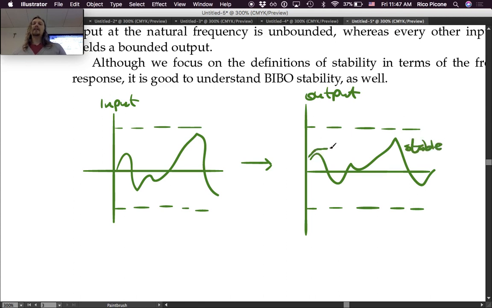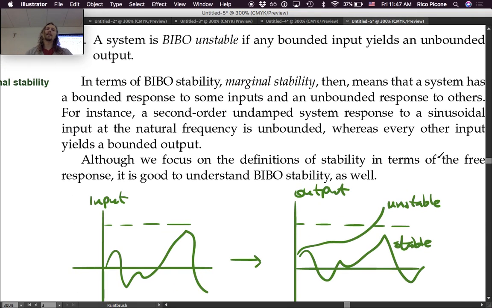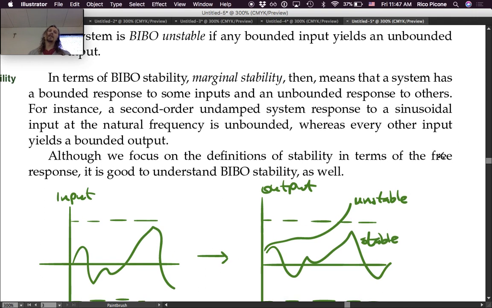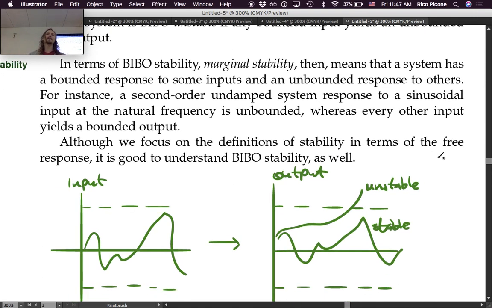But if it increases without bound, if you can't draw a bound around it, that would be BIBO unstable. So marginal stability in terms of BIBO means that a system has a bounded response to some inputs and an unbounded response to others.